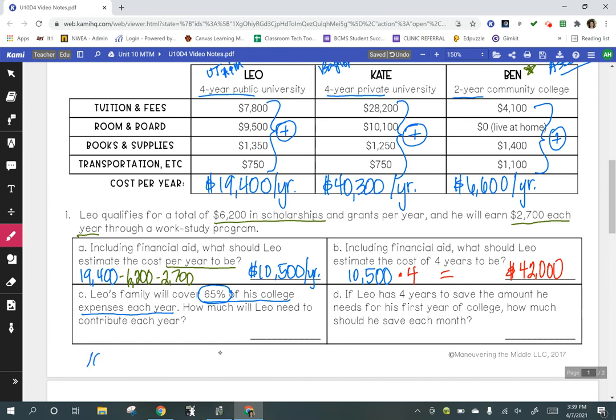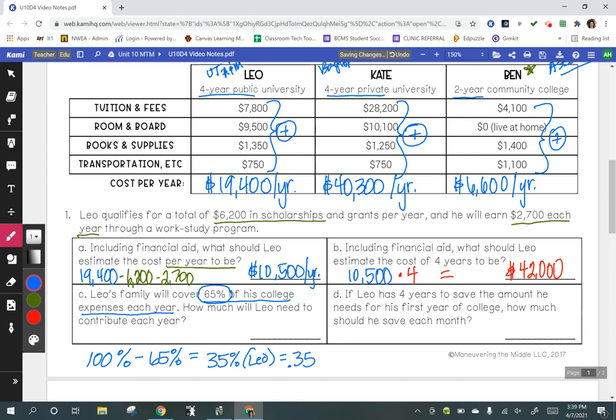I like to say, so there's 100% total. That would be the $10,500, right? Leo's parents are paying 65%. So he doesn't have to pay that amount. So what's left when I subtract 100 minus 65? 35%. So that means that Leo is only paying 35%. Remember, we have to convert that to a decimal. So I like to do the subtraction before.